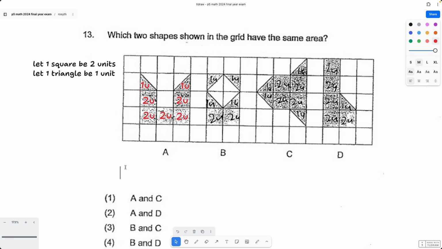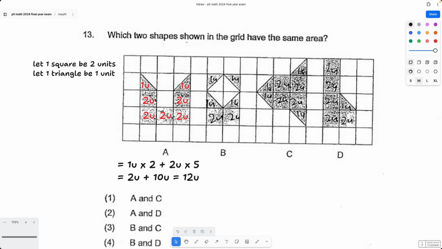Okay, so going to put all the numbers. Let's start with A first. So A is 1 unit times 2 plus 2 units times 5. What will this become? This will become 2 units plus 10 units, which is equal to 12 units. So A has 12 units.